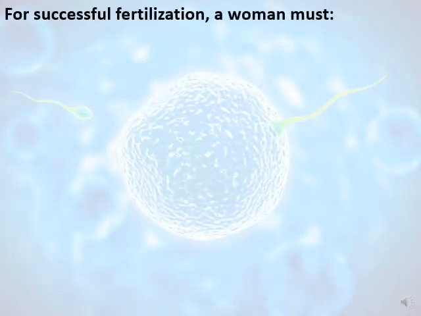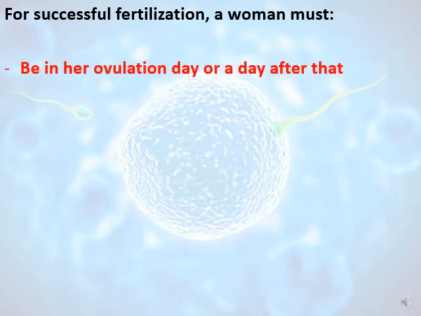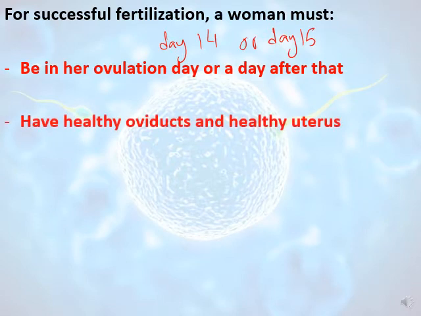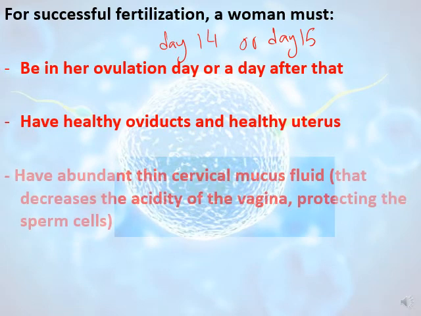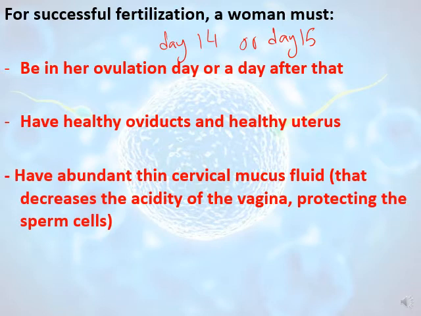For successful fertilization, a woman must be in her ovulation day or the day after that, meaning day 14 or day 15, okay? She must also have healthy oviducts and a healthy uterus, and abundant thin cervical mucus fluid that decreases the acidity of the vagina, protecting the sperm cells.